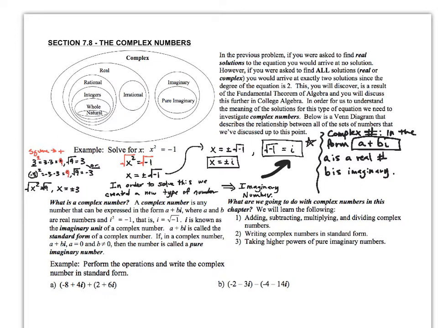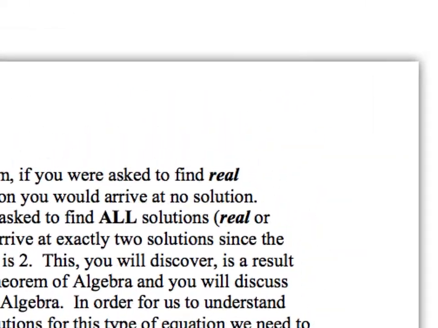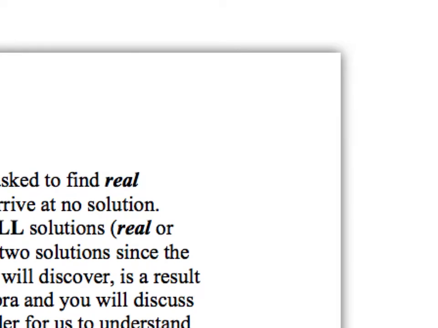Okay, so the other thing I want to talk about, and I'm going to do this up here, and I really apologize about the lack of space up here. Let's say we know this: if I take the square root of negative 1, I know that's equal to i. So what happens if I square this number? Let's write that down here. Let's say I have i and I square it.